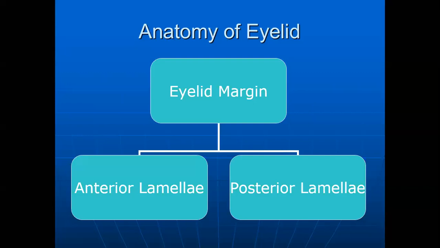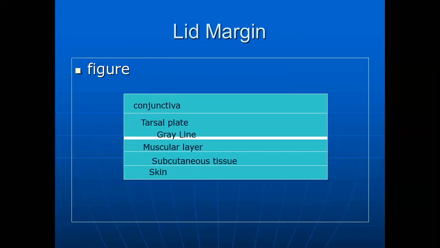This is just to have an idea about the landmarks of the surgical eyelid. We call it the surgical eyelid because whenever we do any surgery on the eyelid, we should know the normal landmarks of the anterior lamella and the posterior lamella.